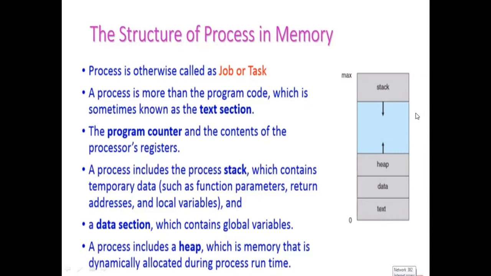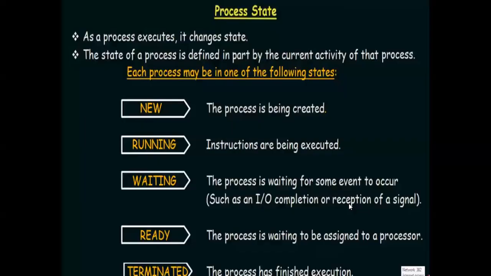The process also includes the data section, which contains the global variables. It also includes the heap section, which is memory dynamically allocated during the process runtime. And the process also has the stack section, which contains temporary data such as function parameters, return addresses, and local variables. The program counter and the contents of the processor registers are also present in the structure of the process.